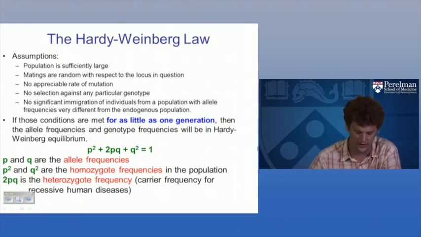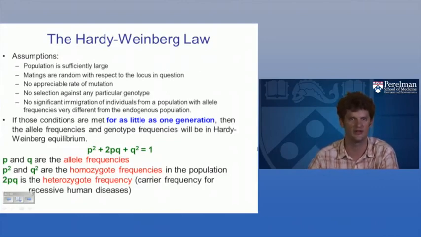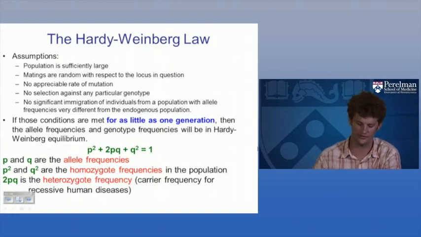So if you follow all these conditions, even for just one generation, then you end up with this Hardy-Weinberg equilibrium, where if P and Q are the allele frequencies, P squared is the frequency of homozygotes for P, Q squared is the frequency of homozygotes for Q in the population, and 2PQ is the heterozygote frequency.